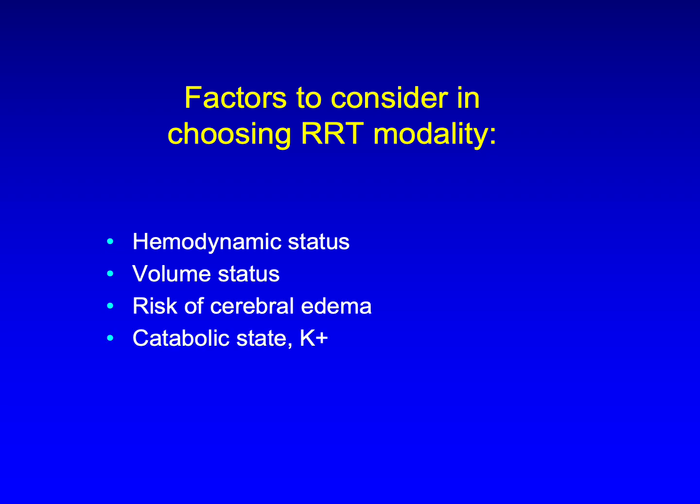On the other hand, if the patient is extremely catabolic or hyperkalemic, the rapid removal of solute by dialysis may be needed, and CVVH may not be fast or efficient enough. And if middle molecule clearance is desired, CVVH or CVVH-DF is the treatment of choice.